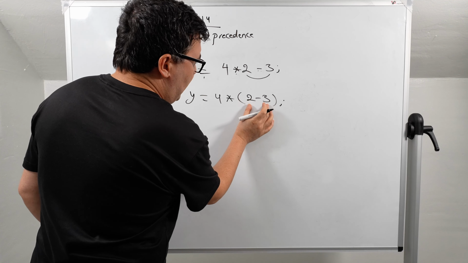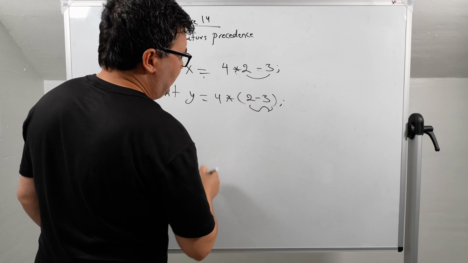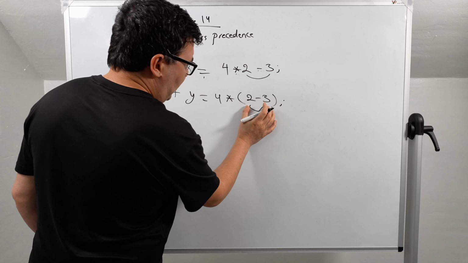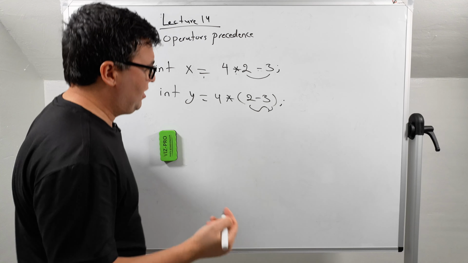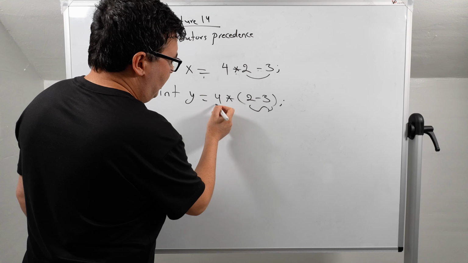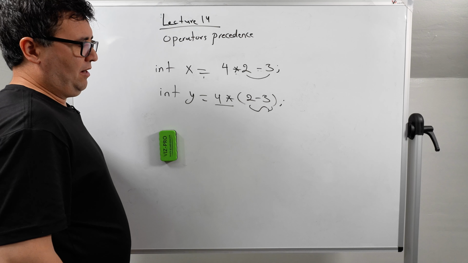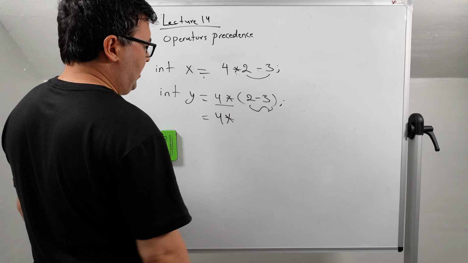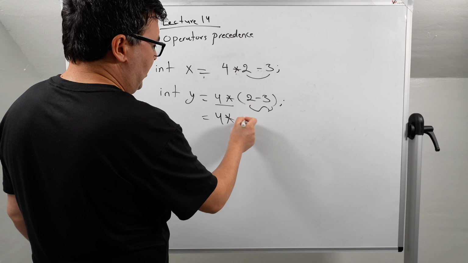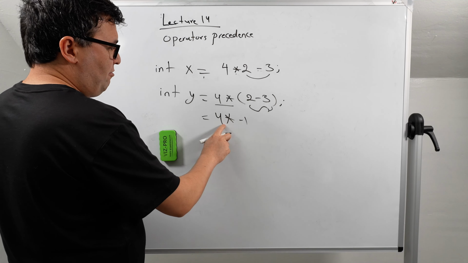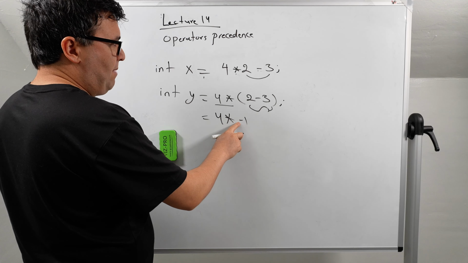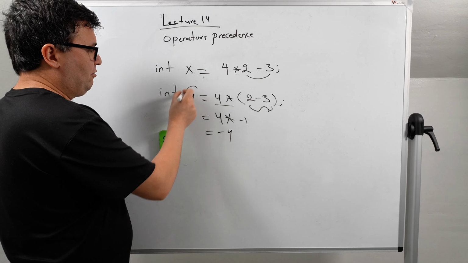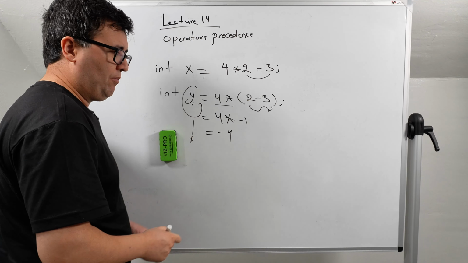It means the subtraction inside the parentheses is performed first, so it becomes 4 * -1. Then 4 multiplied by -1 becomes -4. So inside variable y, we have -4.